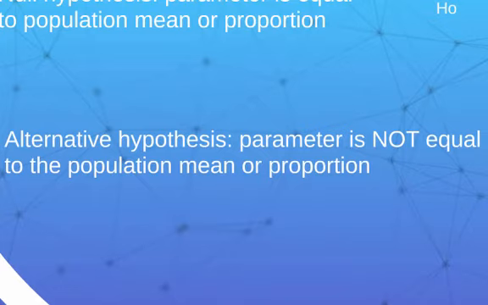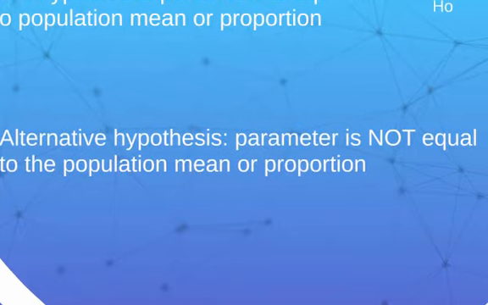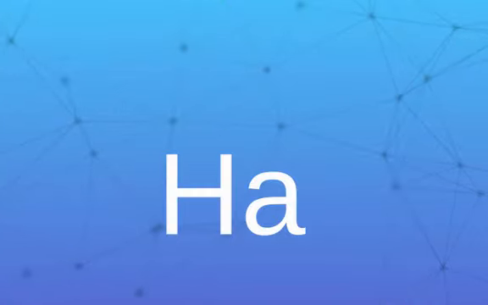So it's not equal. It could be greater, it could be smaller, or if we don't know which way it will go, we could just state that it won't be equal to. I'll show you an example in a sec. The notation for the alternative hypothesis is HA.